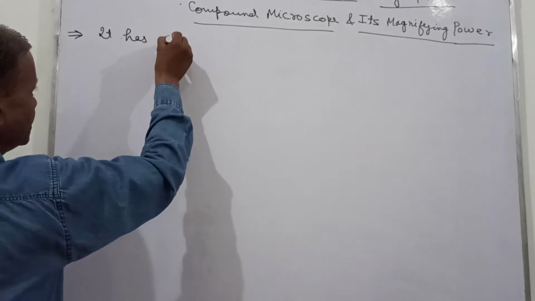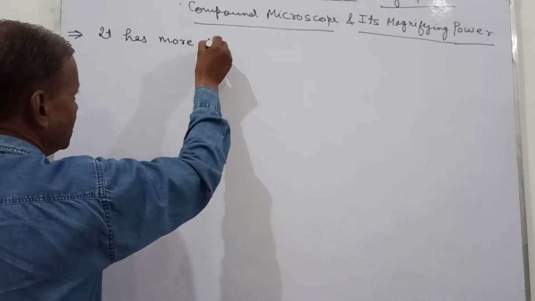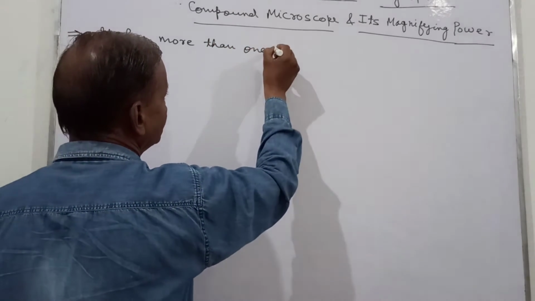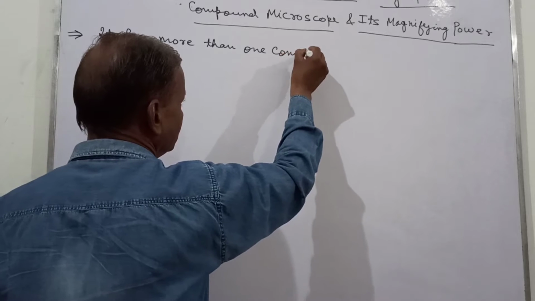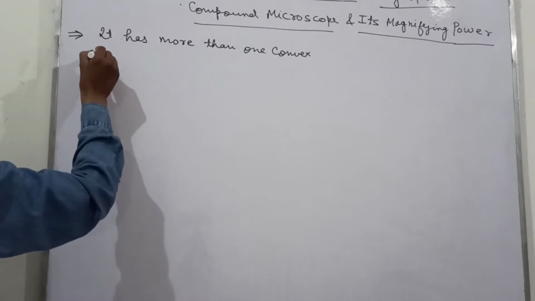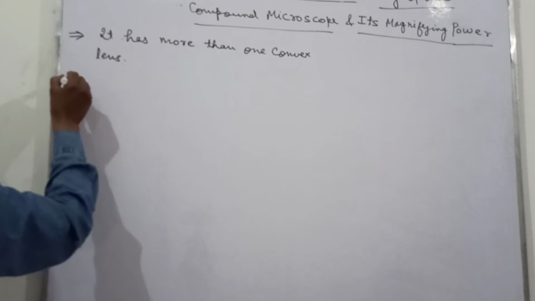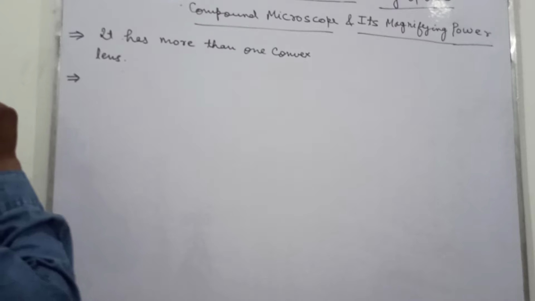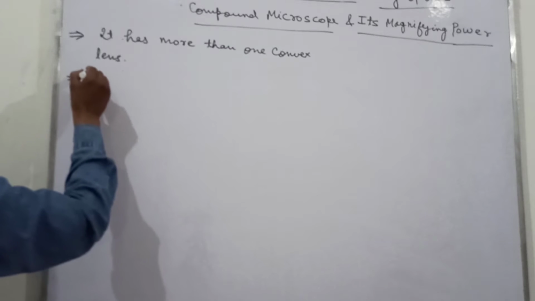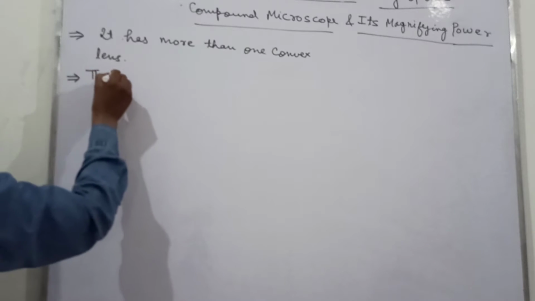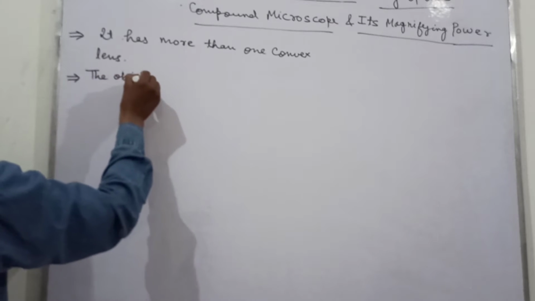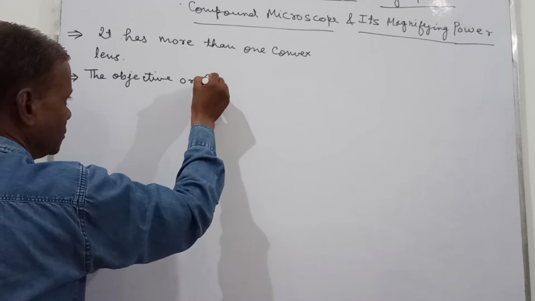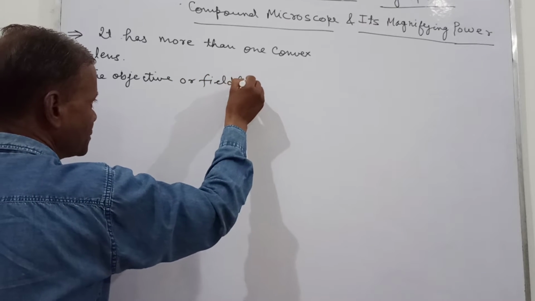It has more than one convex lens. The objective or field lens.